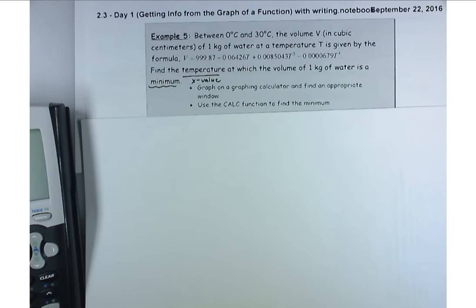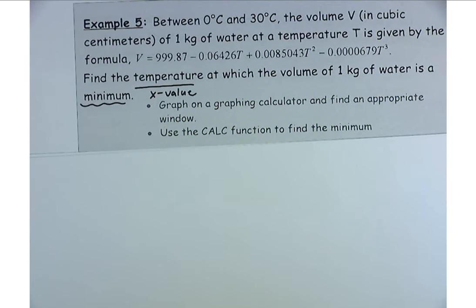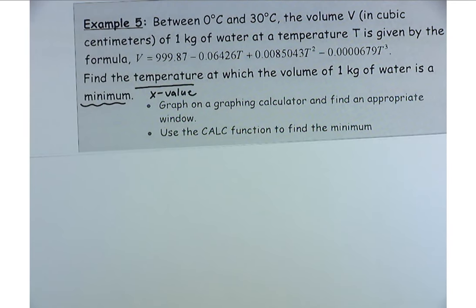Okay, and if you want just more explicit directions, you are going to graph on a graphing calculator and find the appropriate window. Usually the hardest part of that is finding the appropriate window. So we're going to go ahead and put our function in our calculator. So if you haven't done that, go ahead and do so. And t is our x value, so you can use the t.